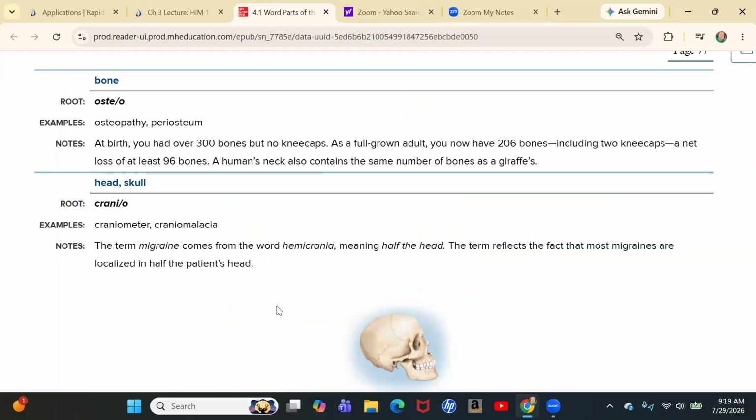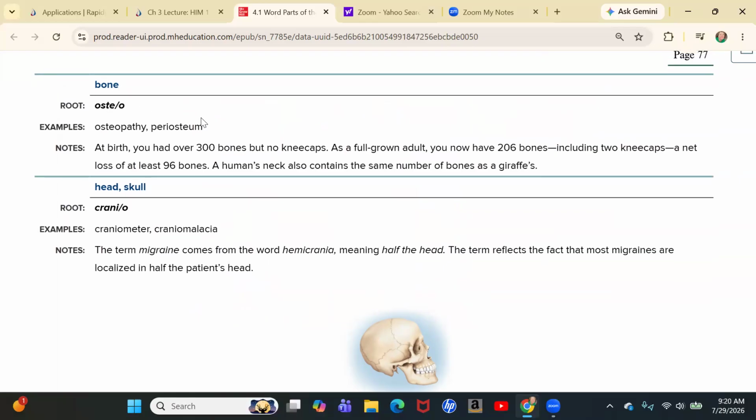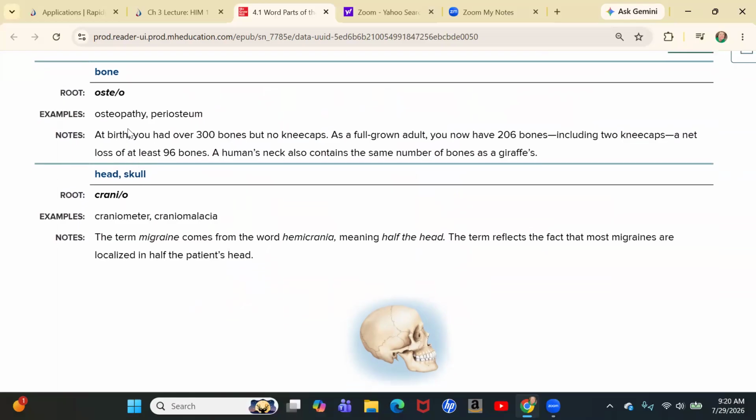So the medical term for the word root for bone is osteo. There's actually more. I think there's about 6 total, but for this introductory course, osteo, meaning bone. And then from here on out, it's the different types of bones.